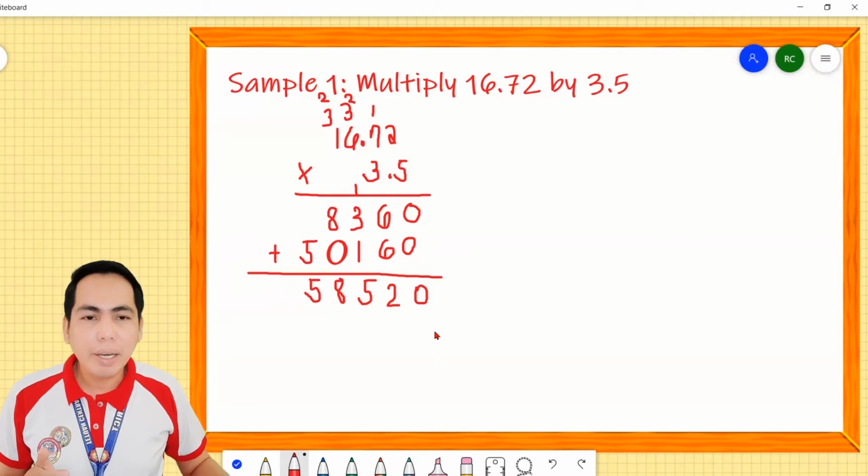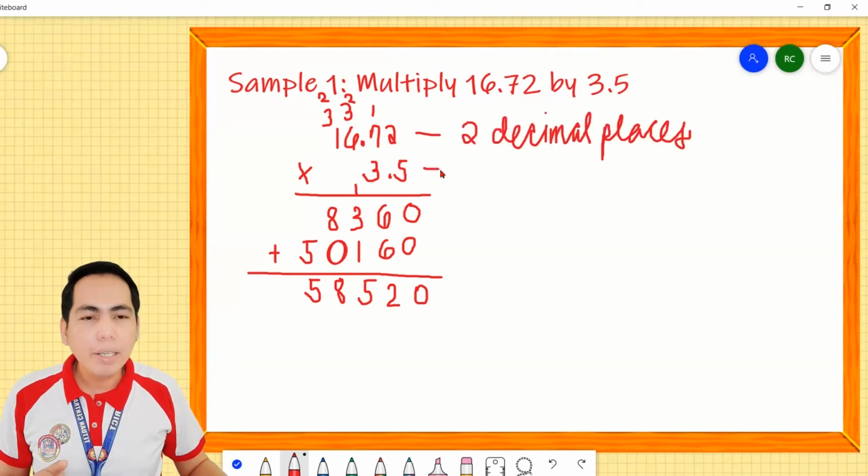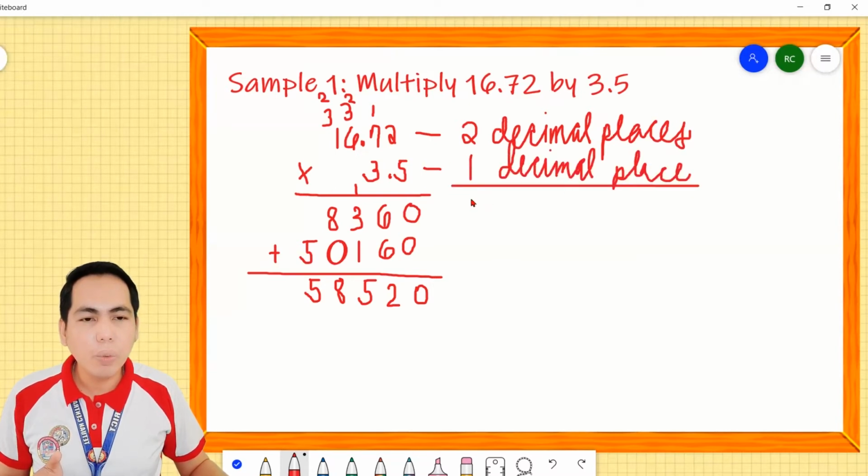And then after that, we are going to count how many decimal places there are in our factors. So in our first factor, we have 1, 2, 2 decimal places. While in the second factor, we have 1 decimal place. So all in all, 1 plus 2, we have 3 decimal places in our factors.